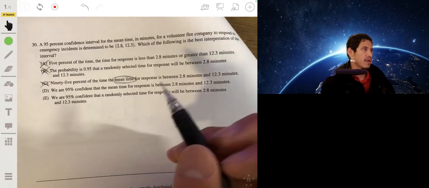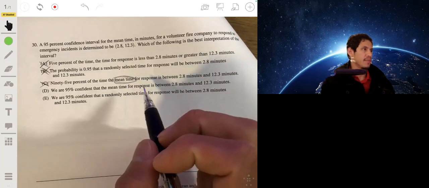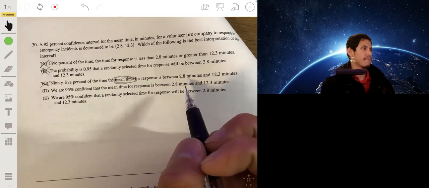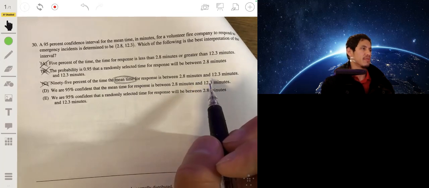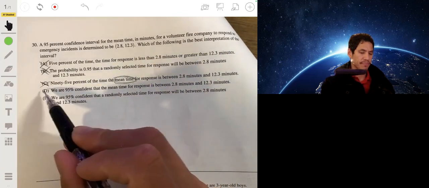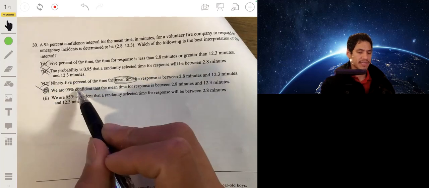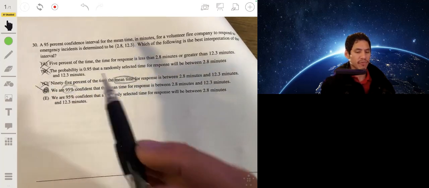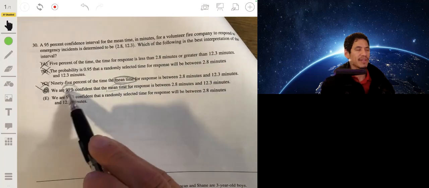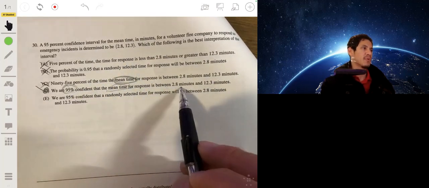That's wrong. D: we are 95% confident that the mean time for response is between 2.8 minutes and 12.3 minutes. So this will be correct. Remember, we're taking an estimate for what the true mean time is, and we're about 95% certain that that's what it's going to be.